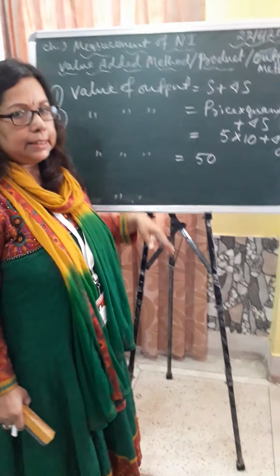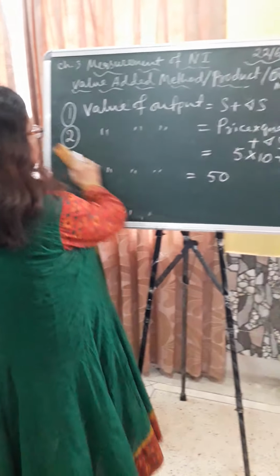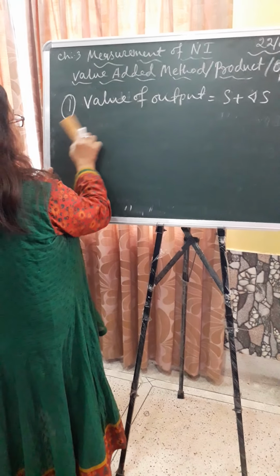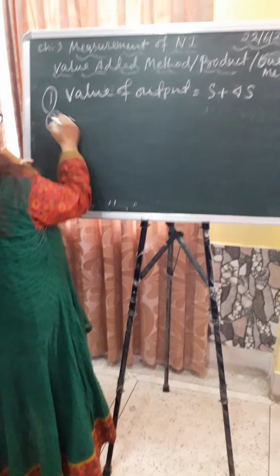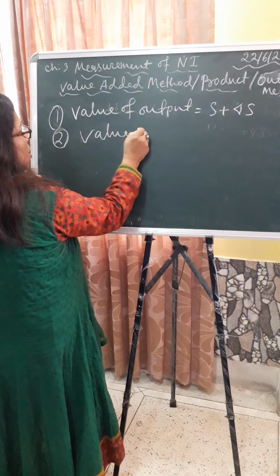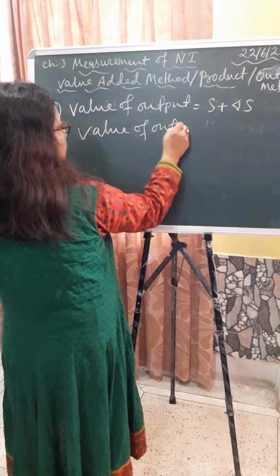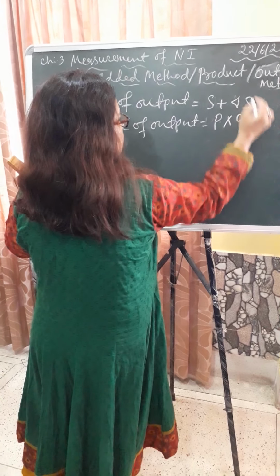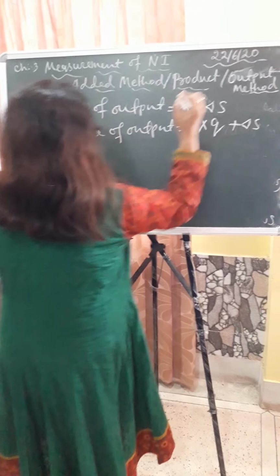So now I am writing the formula. Number 2 formula, value of output equals price into quantity plus change in stock.